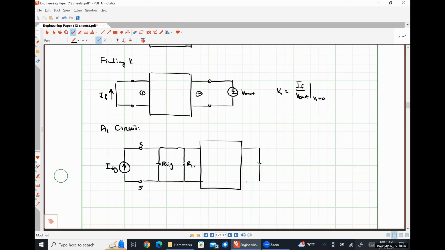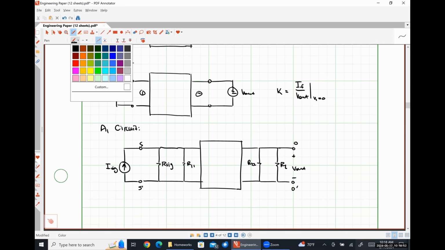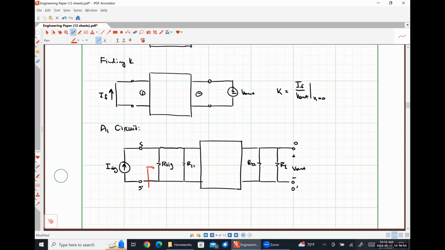Here is R22 in parallel with RL. Here's V out. RI is determined by looking in here. RO is determined by looking in here.